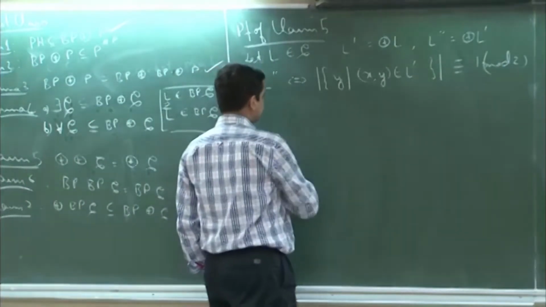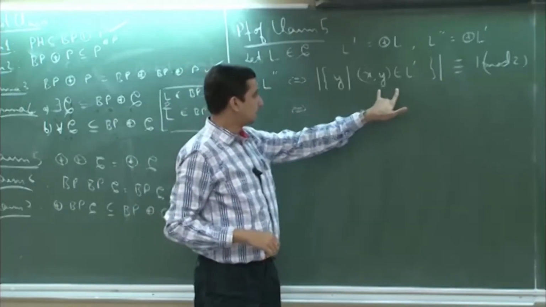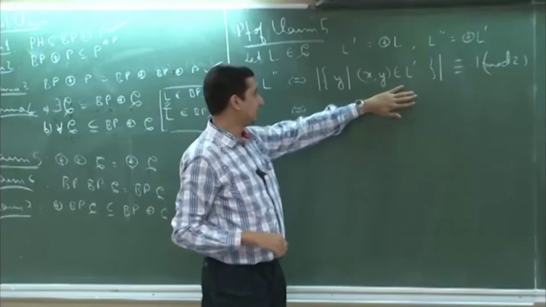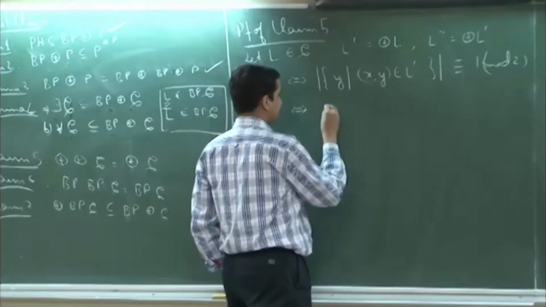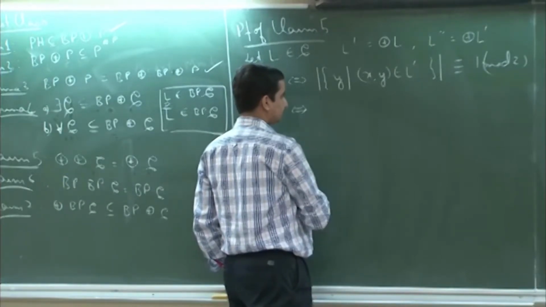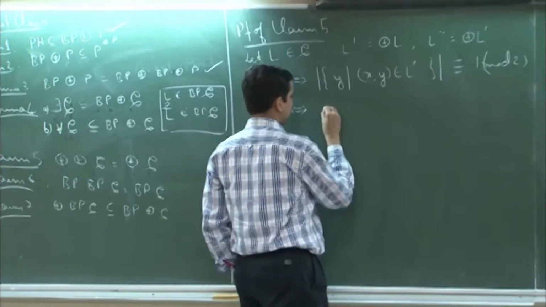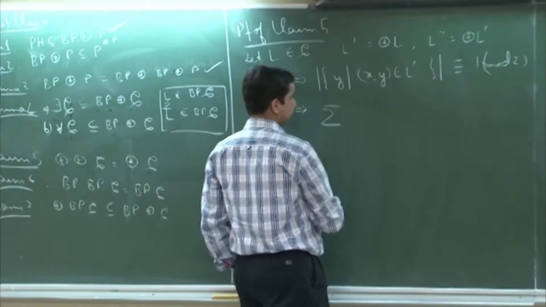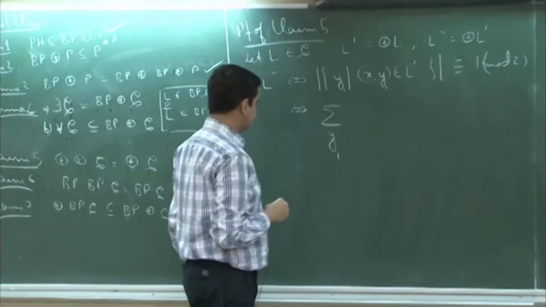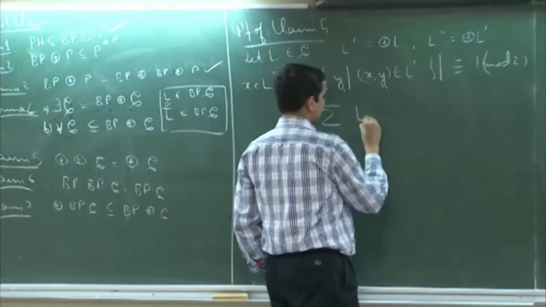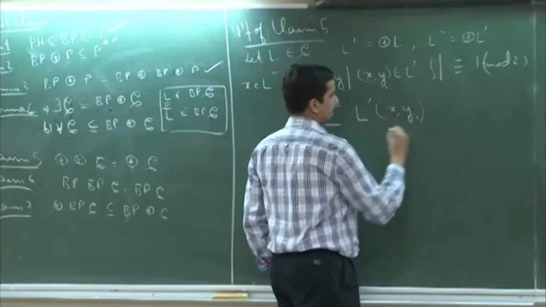I'll use another notation for this predicate: the sum over all strings y1 of the predicate L prime (x, y1).